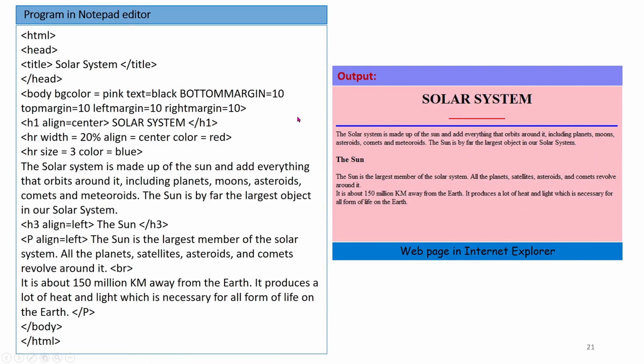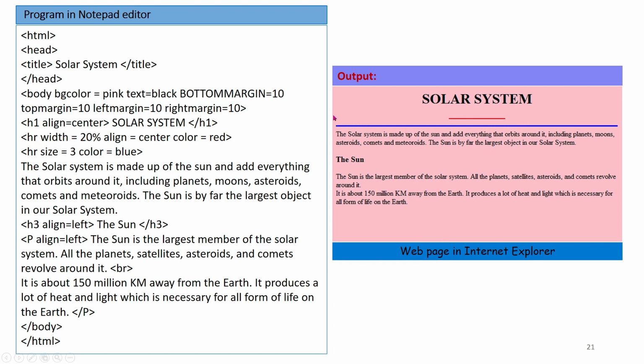Now here you can see in the output two lines are given, one in red color and one in blue color, and you can see the thickness also. So we will focus only on the HR tag now. Here we have written the H1 heading as Solar System, which is center aligned, and then I have given HR width 20%.